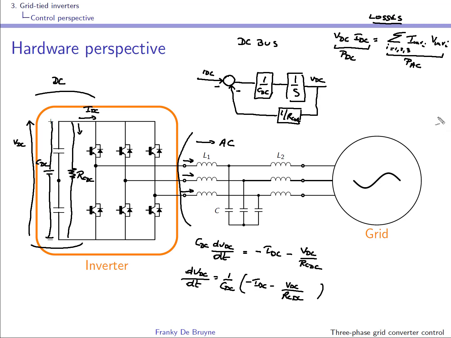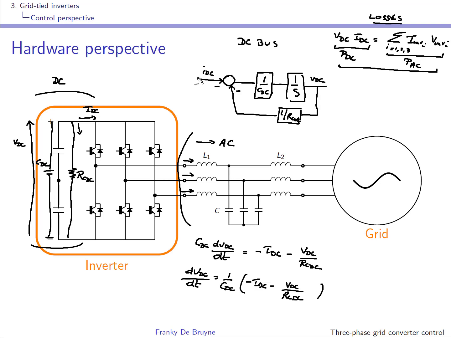This is how I'm going to do it. I'm going to consider this power balance. This is known from my other model, the part with the LCL filter. If I know VDC, which is the output of my integrator, I can obtain IDC by simply taking the power on the AC side and dividing it by VDC.